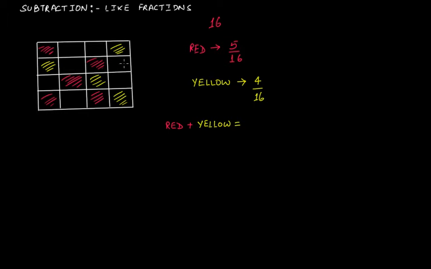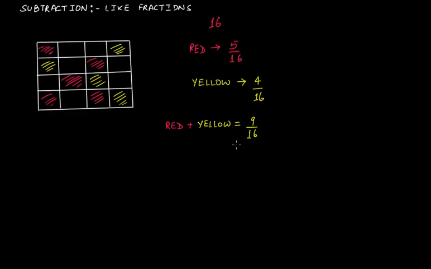If you take all the shaded portions, doesn't matter which color they are, in this case red and yellow, what fraction will they make of the whole? You will say that 5 red portions and 4 yellow portions means there are a total of 9 shaded portions. So if I combine red plus yellow, it will be 9 by 16, right? This will be the fraction of the shaded portions of the whole.